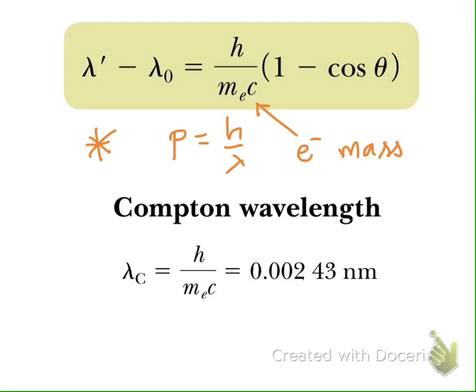So from this equation, you can see that the difference between the scattered and incident wavelength depends on the scattering angle.